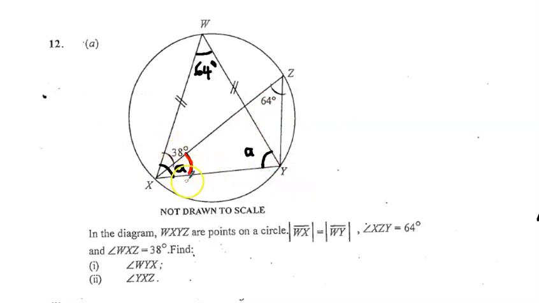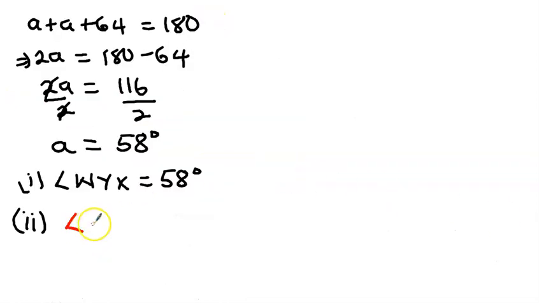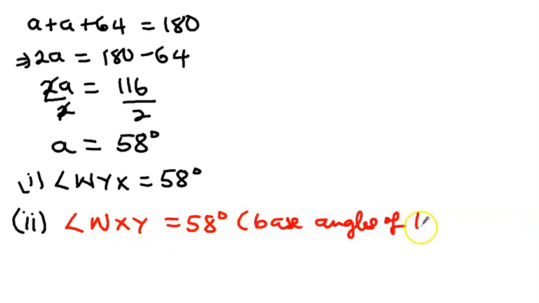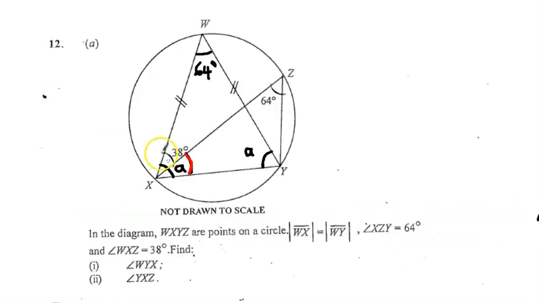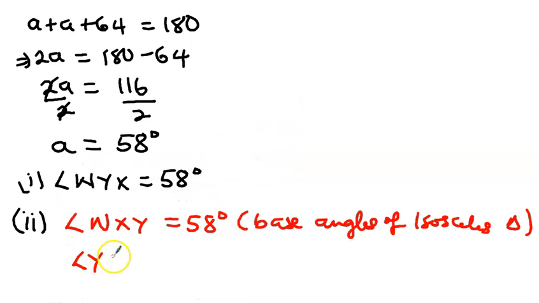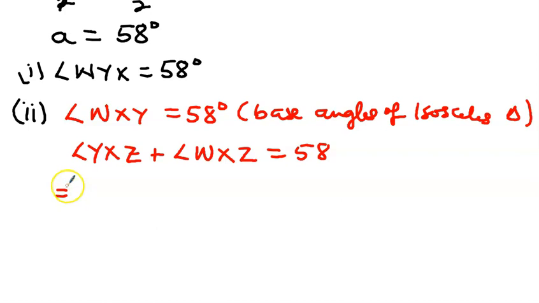Now we know this whole angle to be 58. So angle WXY is 58 degrees because of the base angles of an isosceles triangle. Now when you go back, this angle plus that angle should give us 58. So angle YXZ plus angle WXZ is 58 degrees.